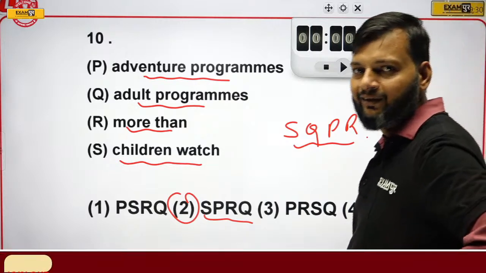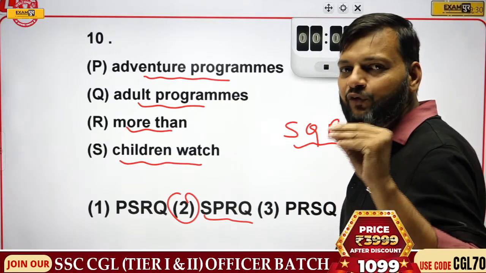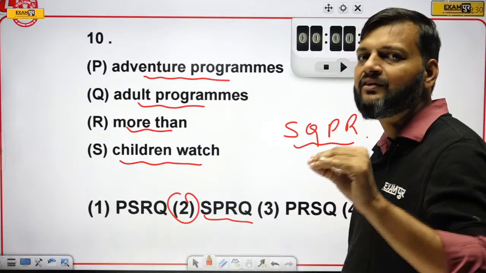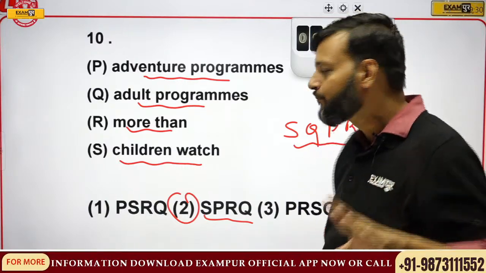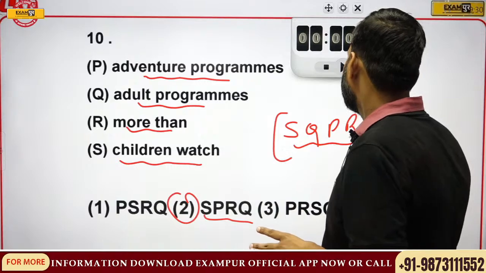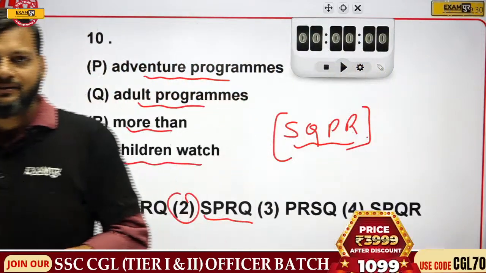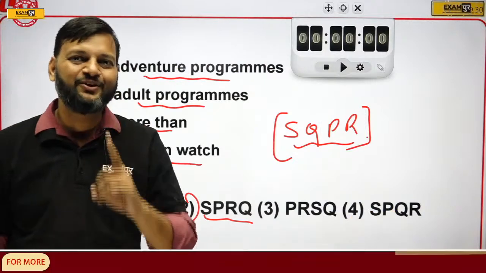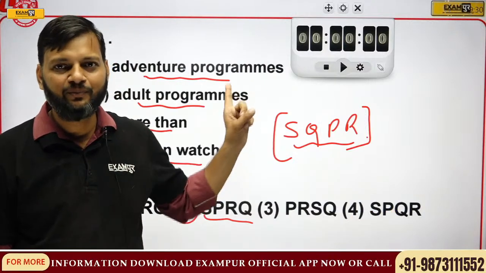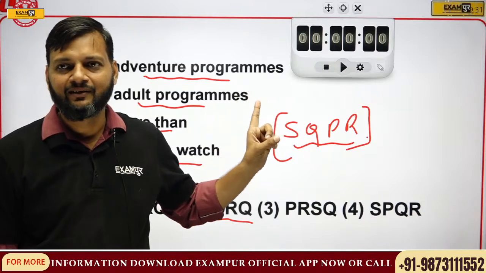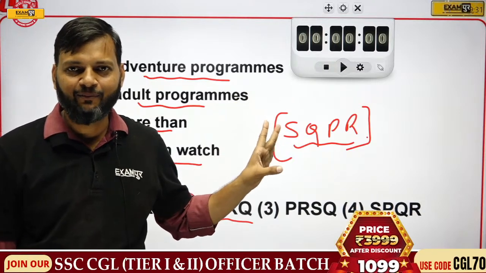Okay, getting my point or not? If you arrange these sentences from your own point of view, this would be your answer, SQPR. Am I right? From your point of view, this should be the right answer. Getting my point or not?